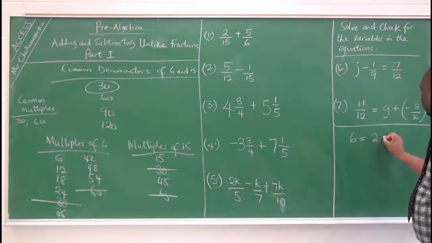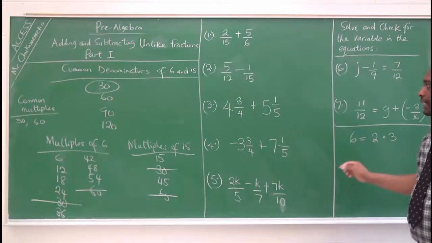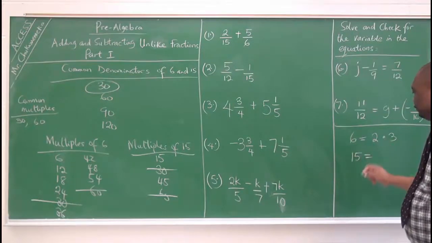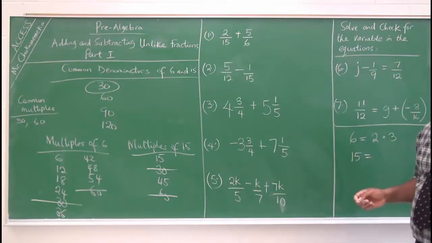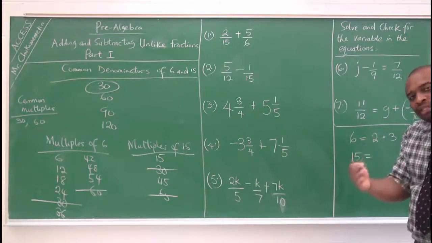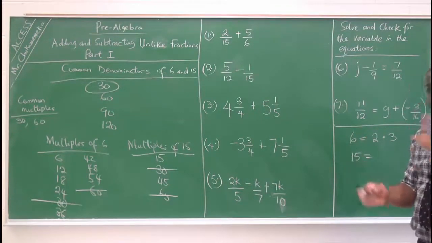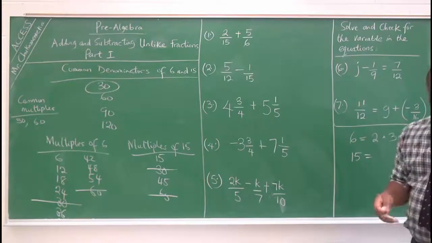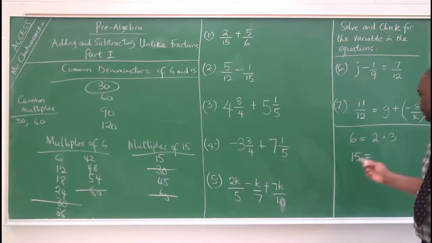So 6 is 2 times 3. Okay? 15. 2 cannot divide 15. So the next prime number is 3. You start with the smallest prime numbers. Now, 1 is not a prime number, so you take it out.